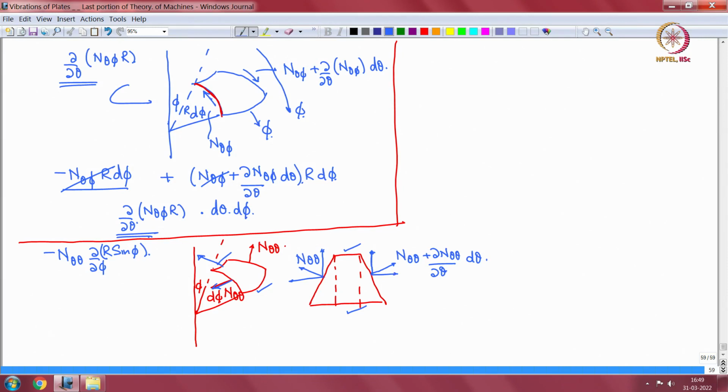Let me consider this angle to be alpha, and it is a small angle. So I need sine alpha of this quantity.